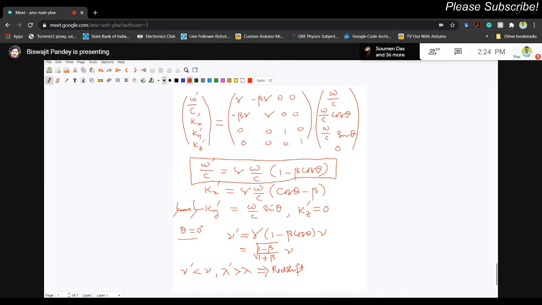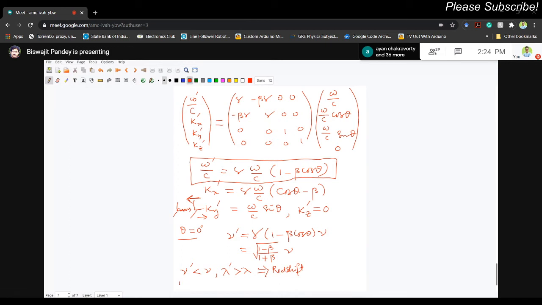And you can see that if this picture is reversed, that means if this frame is moving along this direction, not in this direction, what will change? This time beta will be negative, so beta will be minus v by c. So the only change you expect is in nu prime when the frame is moving in the opposite direction.